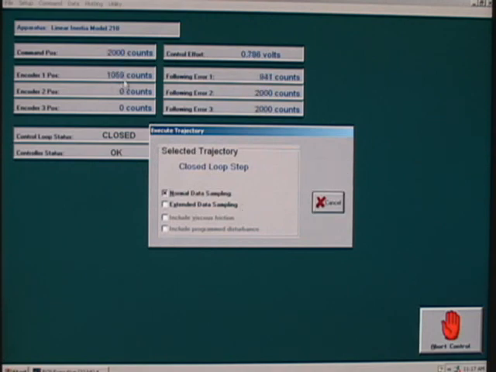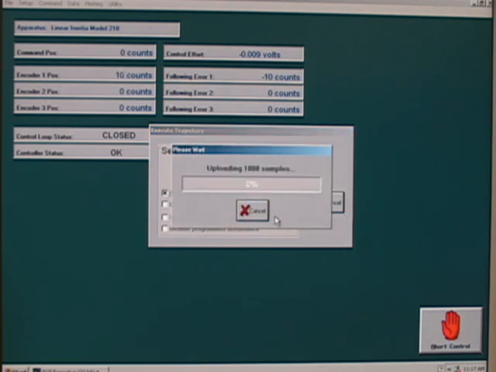And you can see where we're settling now. We're settling at 1,000 counts, which is consistent with what we had said in the pre-lab. Again, we're settling at 1,000 counts, and we're commanding it to go up to 2,000. And we now want to wait until we have uploaded that particular data.